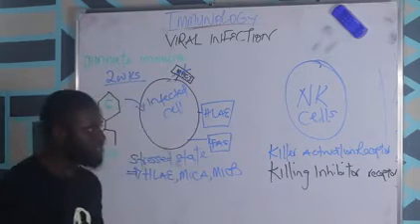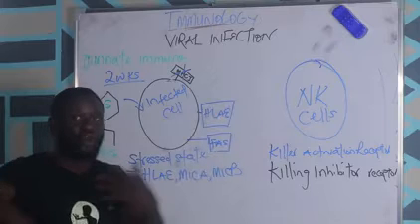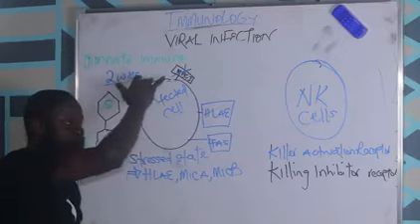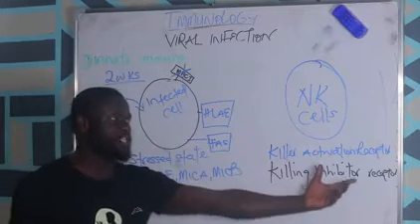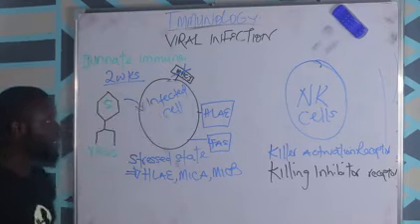As the name implies, the killer activation receptor activates the NK cell to continue doing the killing till it gets rid of the virus, while the killing inhibitor receptor is able to inhibit the NK cell to stop the killing.